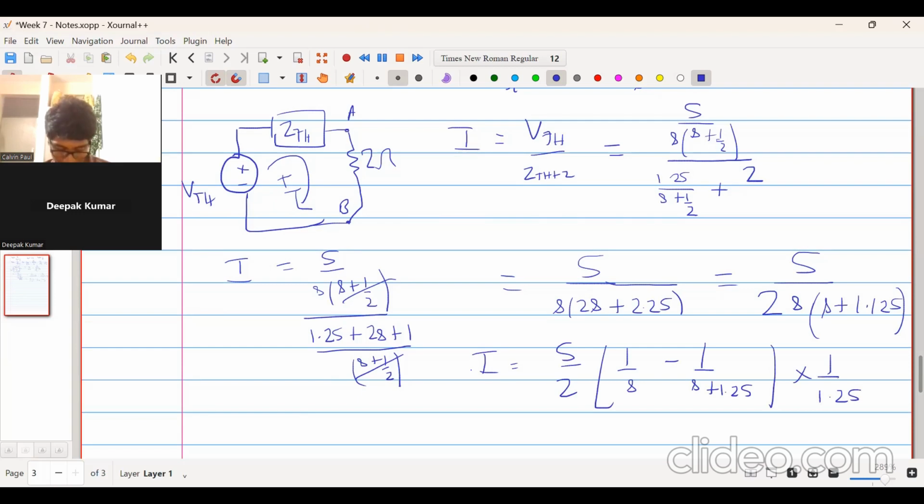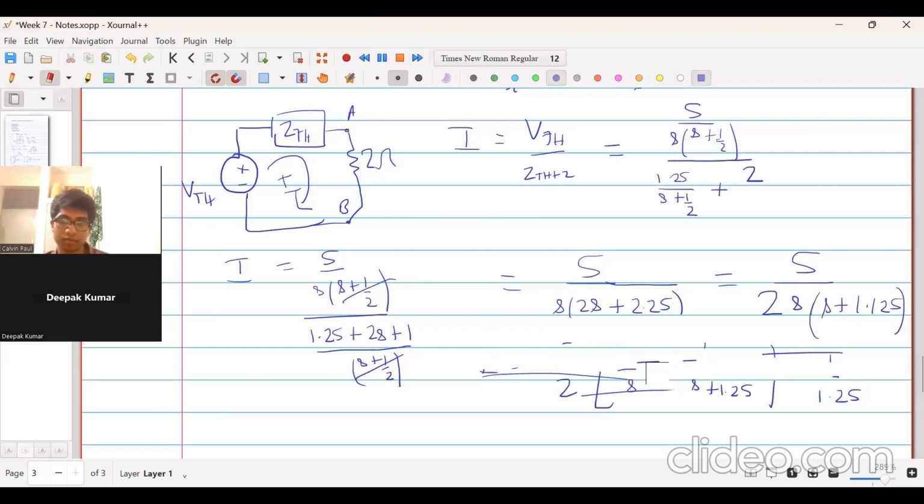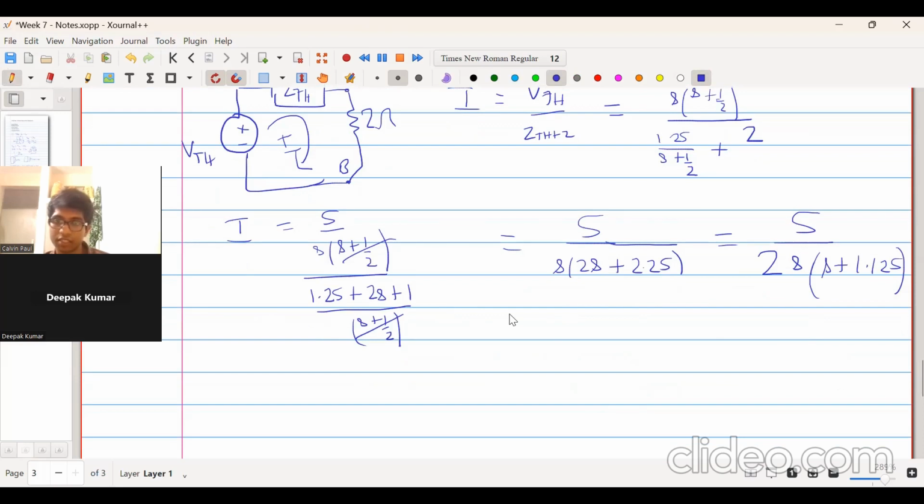No. Let me redo it. I is equal to 2.5, since 5 by 2 is 2.5, divided by S into S plus 1.125, which is actually 9 upon 8.